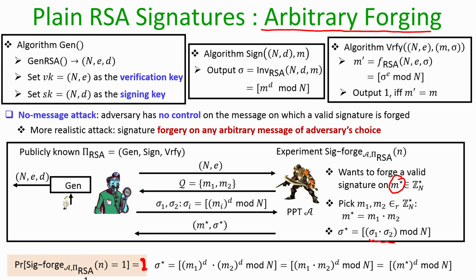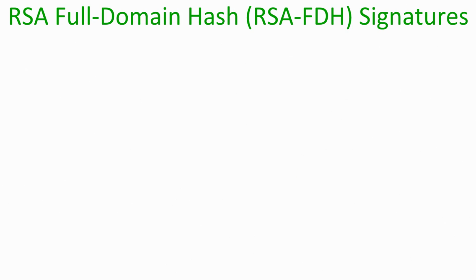And if we do the mathematics, it turns out that sigma star is nothing but M star raised to the power d modulo n, which is nothing but the RSA signature on the message M star. So, now you have a concrete attack where, using the help of the signature oracle, the adversary could come up with a signature on any message of its choice, which proves that this plain RSA signature is not secure.